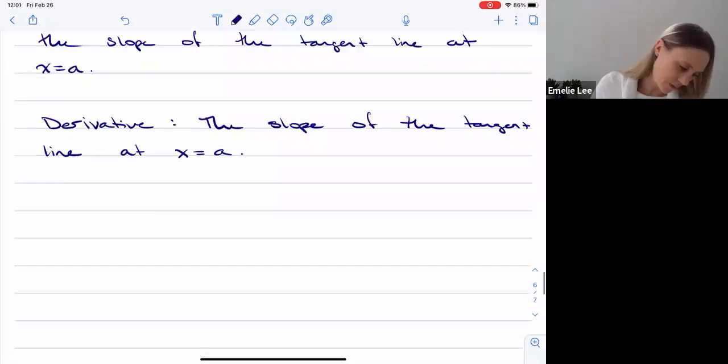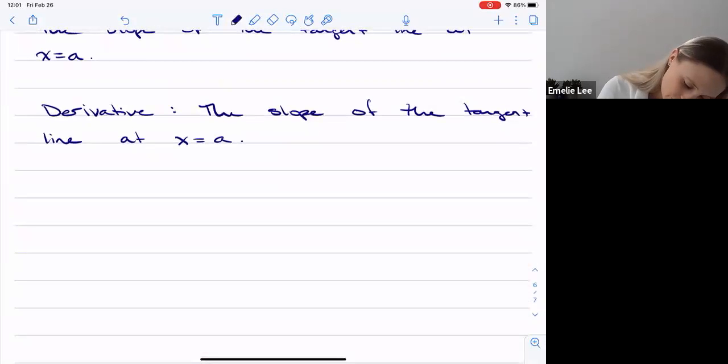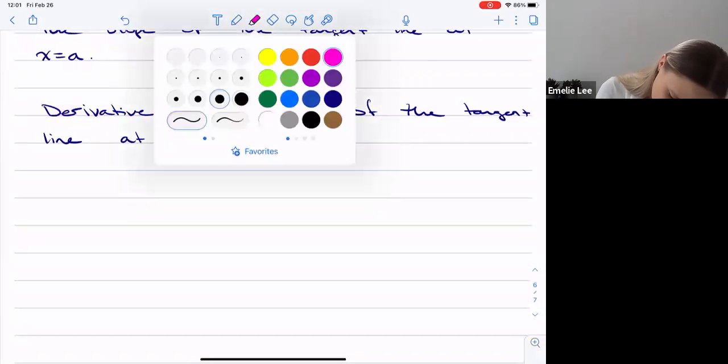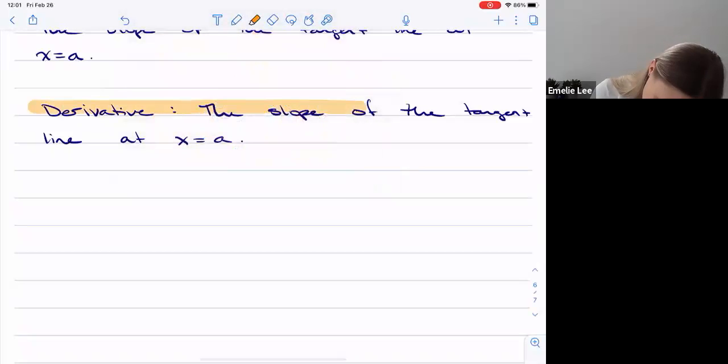And so I'm going to highlight this. I don't know how to make it, oh, that's a little dark, isn't it? How do I make it less dark? Maybe orange.